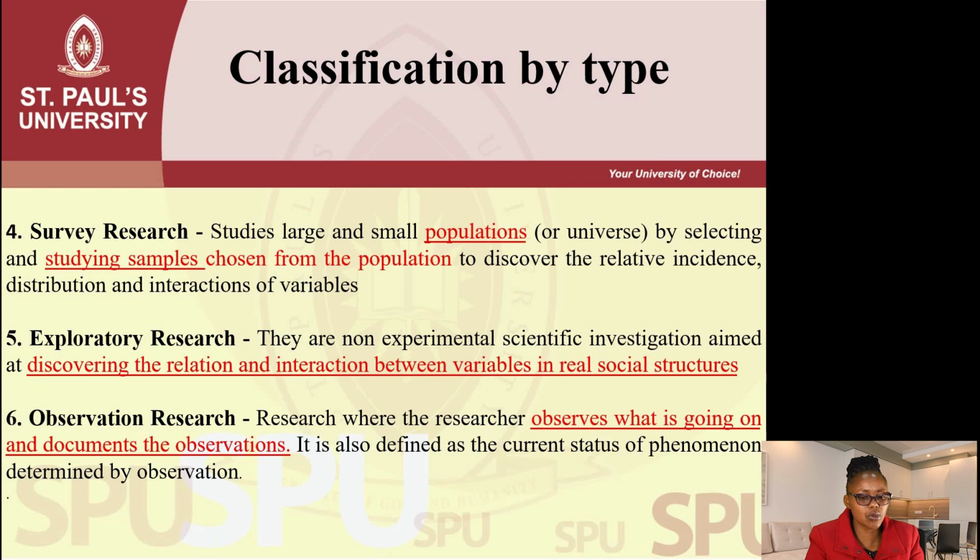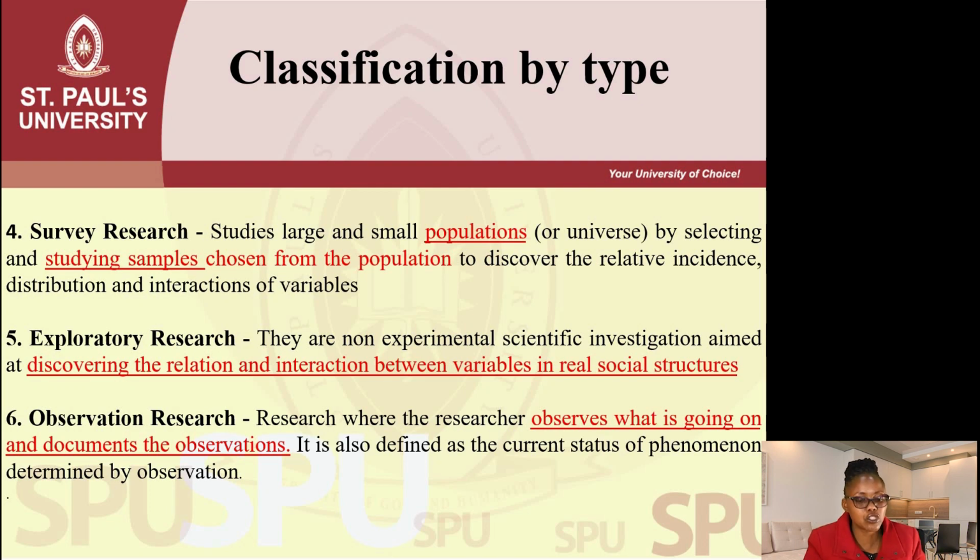When you're exploring, you do not have so much information about the phenomena you're studying, but you are going out there to understand that phenomena in real social structures, so that you see what the interactions of the variables are in that kind of research.